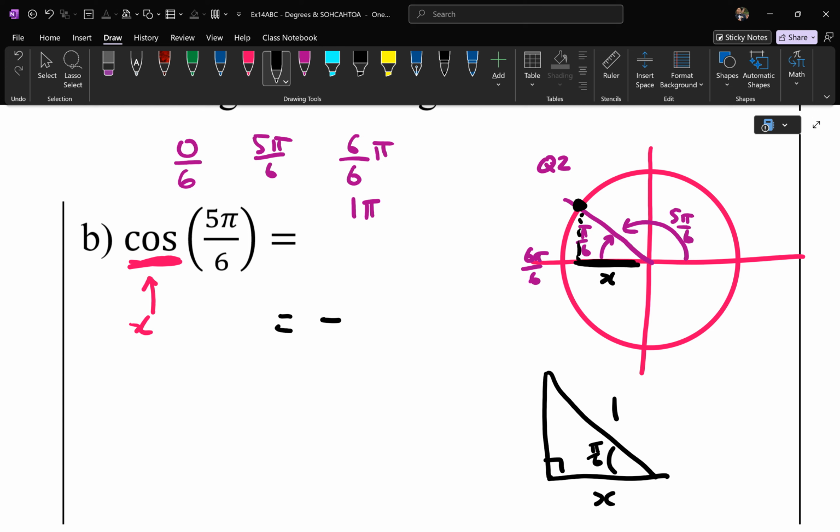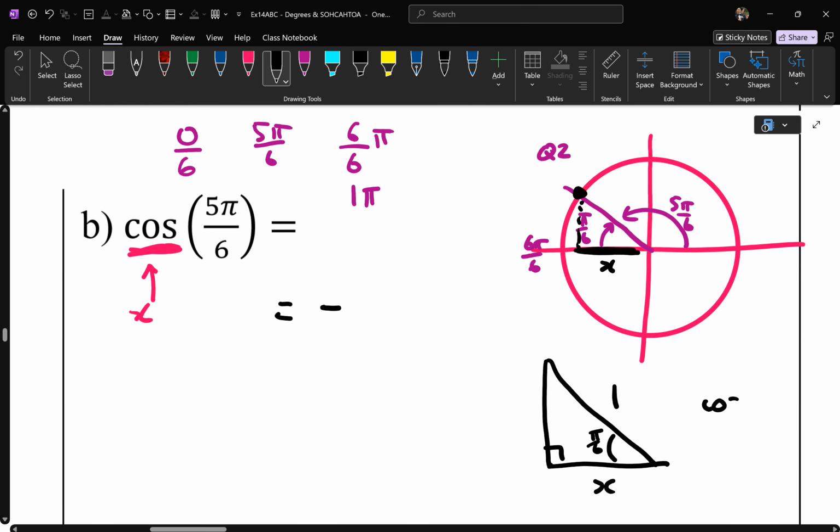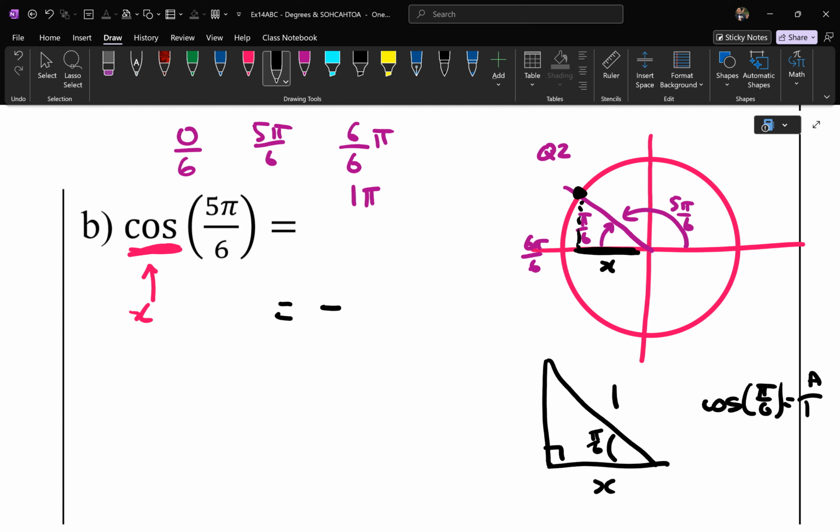If I want to know that distance, that is the same thing as saying cos of pi on 6. True? Because cos of pi on 6 should equal adjacent over hypotenuse, but that equals x over 1. So x must equal cos of pi on 6.